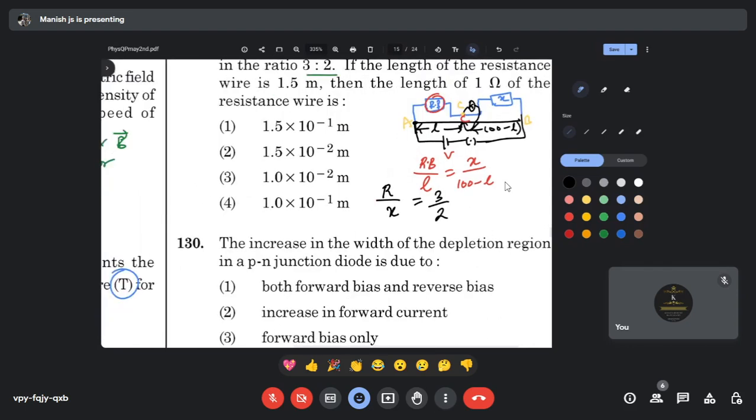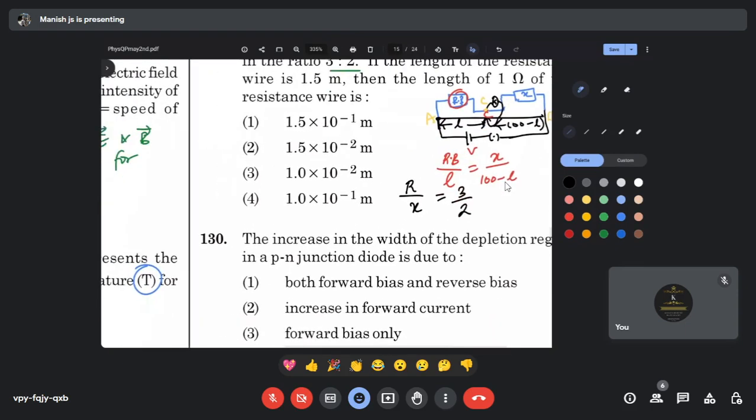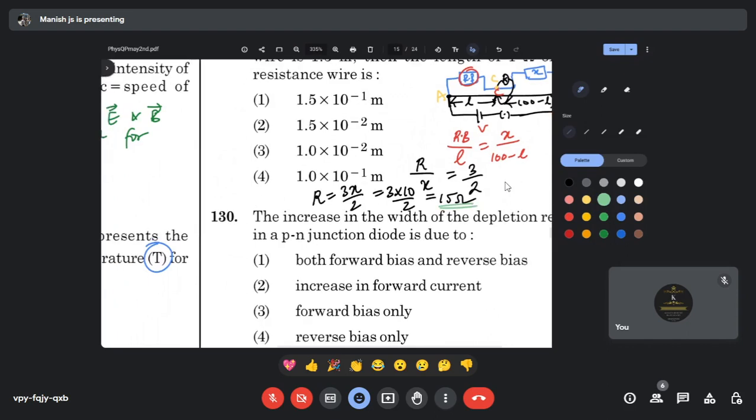Now, when you substitute the values, you can find out the value of R, provided that X is specified. So what is R? 3X upon 2, which is 3 into 10 upon 2. 3 tens are 30 upon 2 is giving you 15. So you find out R as 15 ohms. That's how you calculate R.